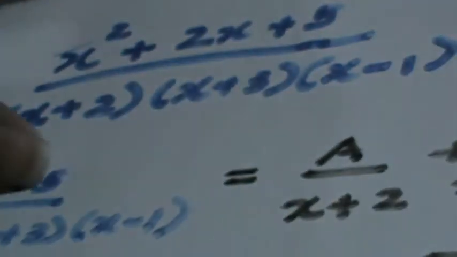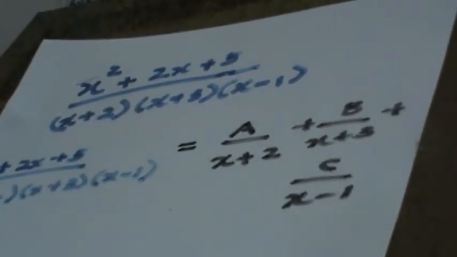Since you can write linear or quadratic expressions, you first have to divide this into its fractions. So it will be a divided by x plus 2, plus b divided by x plus 3, plus c divided by x minus 1.